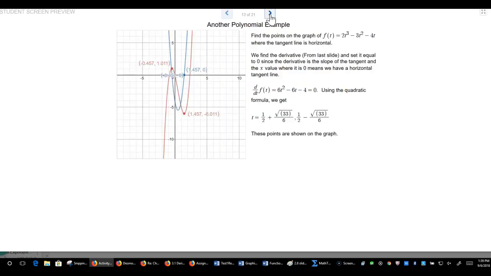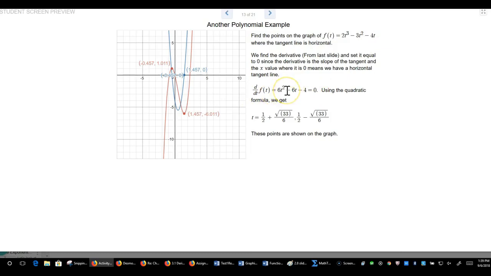So another example that you'll see in the homework is like find the points on the graph where the tangent line's horizontal. So you translate that to, oh, where's the tangent line horizontal? That's where the derivative is 0. So you take the derivative of this given function, which we found in the last slide, and you set it equal to 0.